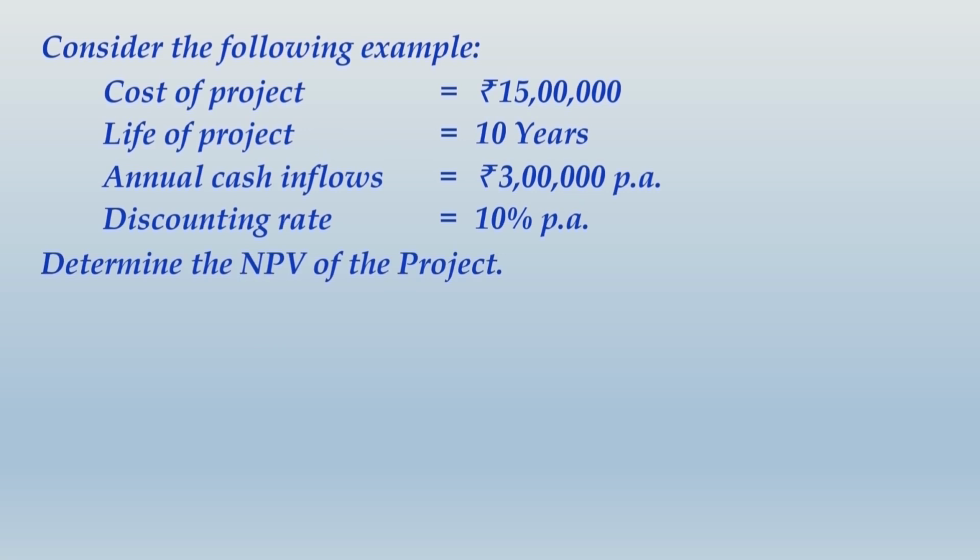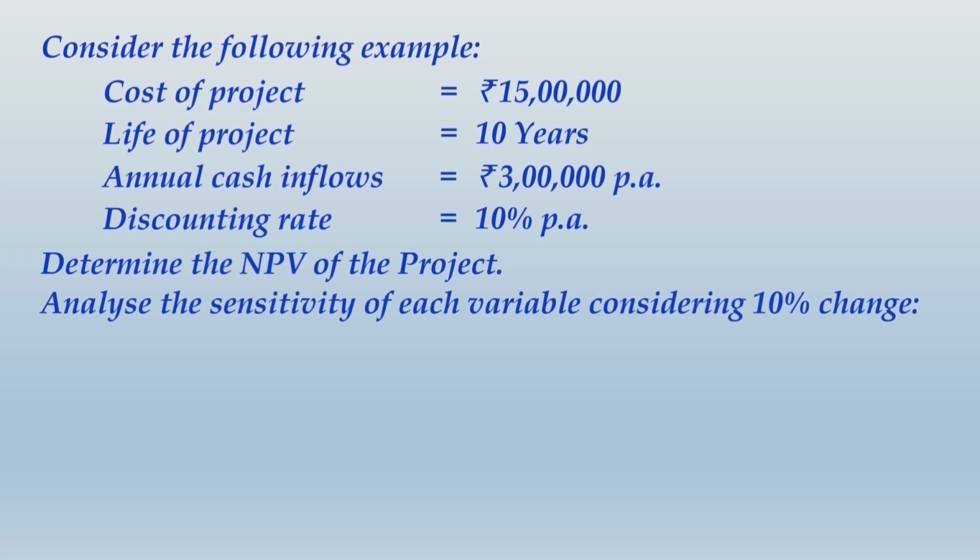Now if this is the question, even a kid can solve this question without making mistakes. But this is not the end of the question. What is given further is: analyze the sensitivity of each variable considering 10% change.